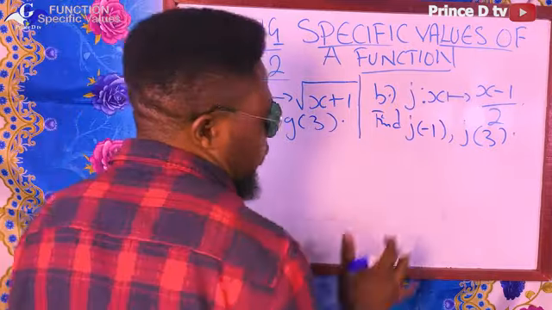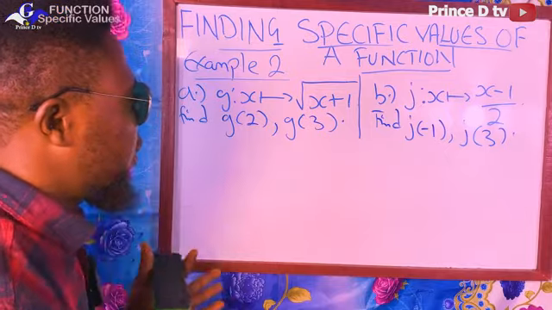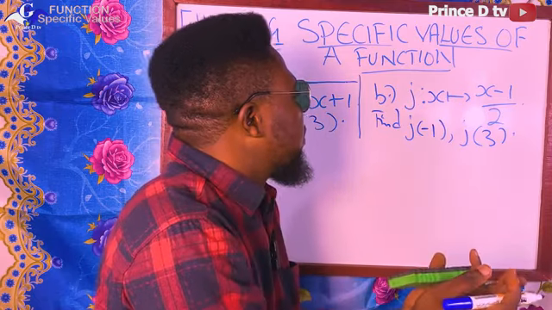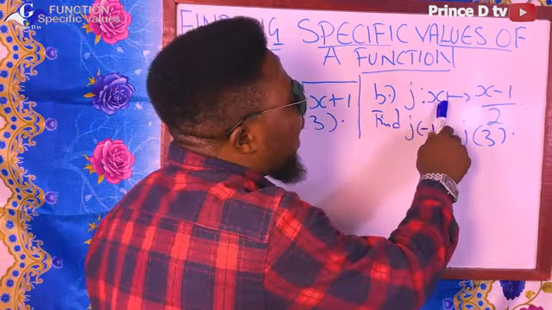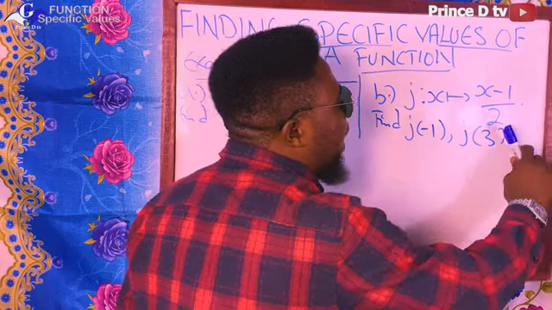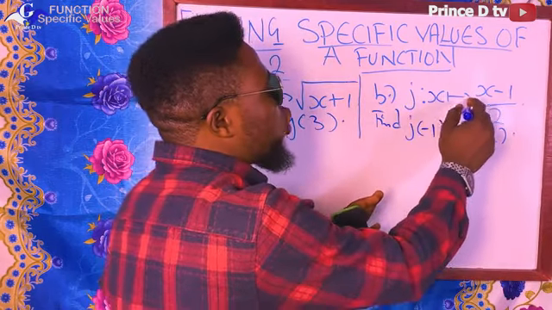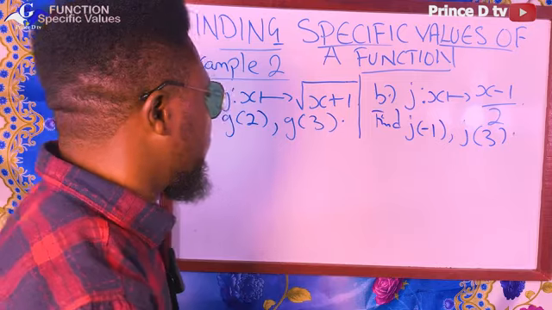For b, this function is being denoted with letter j, such that x maps onto x minus 1 all over 2.